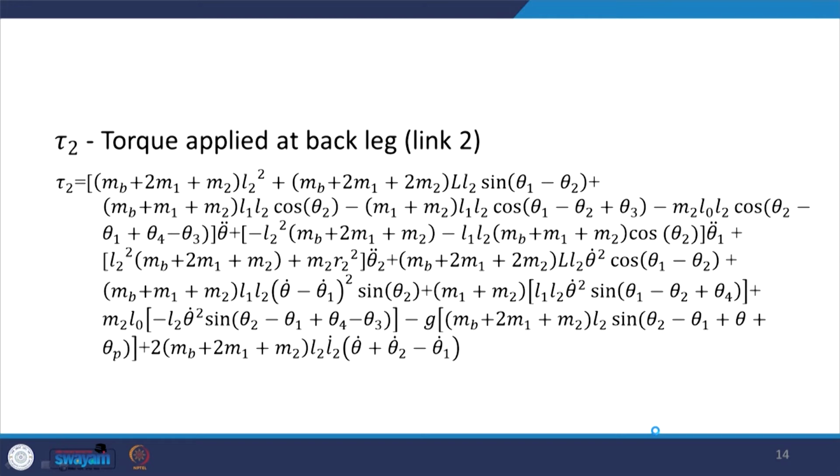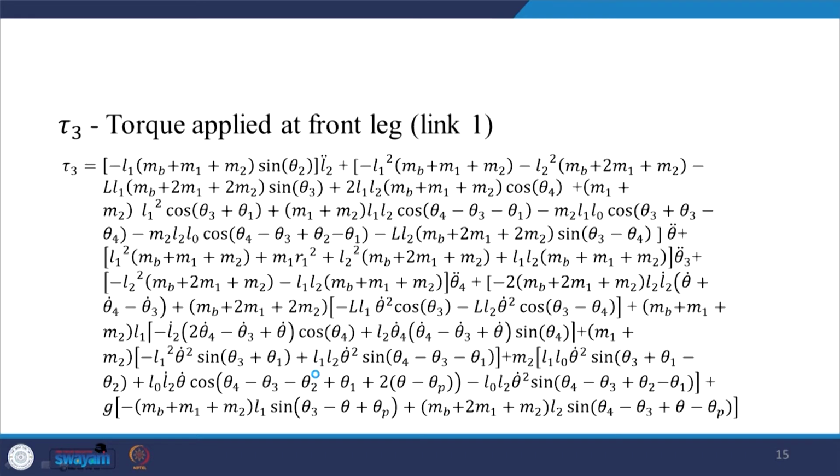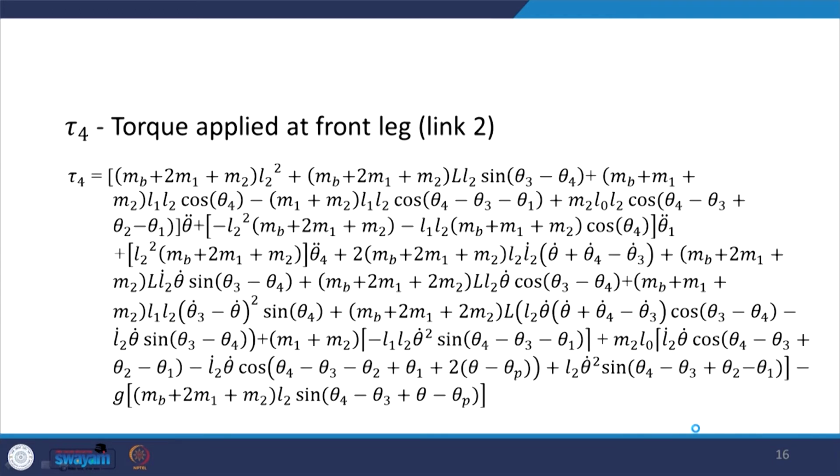The torque applied at the back leg, that is link 2, can be evaluated like this. Then the torque applied at the front leg, that is link 1, this tau 3 can be evaluated like this, and the torque applied at the front leg, that is link 2, this tau 4 can be evaluated.